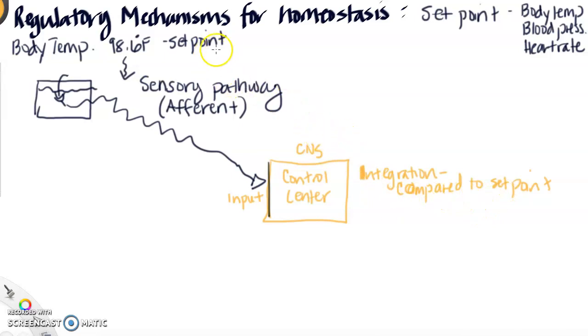So this temperature that's now going down is lower than the set point. So since it's lower than the set point, the control center makes a decision about what it's just learned from this sensory information that it got. And it will then figure out what to do, and it will send a response.